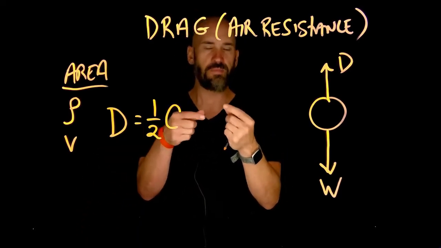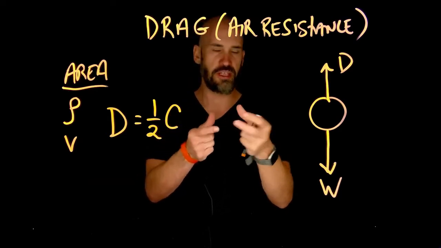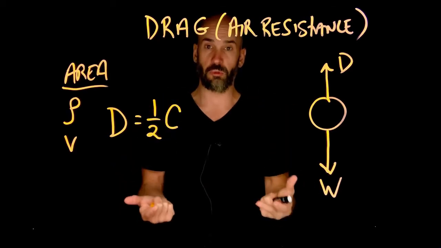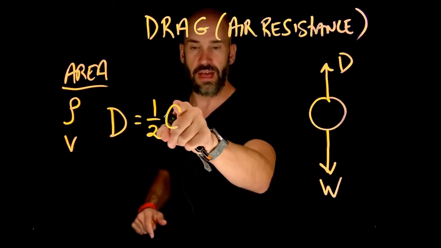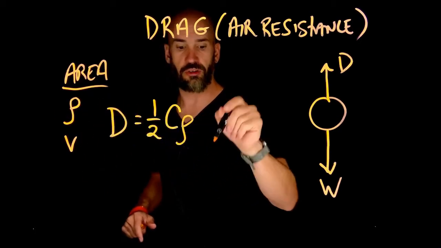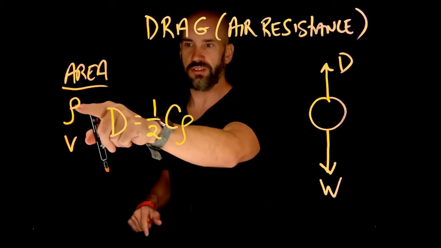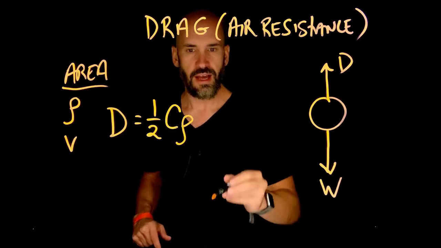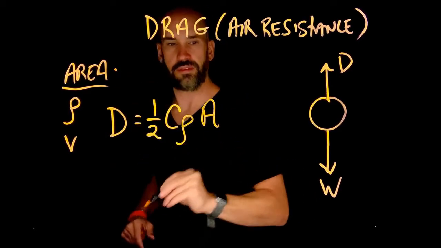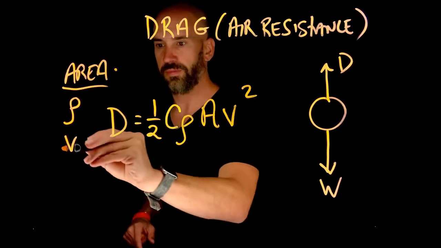the coefficient of drag depends on the relationship between this object and what it's immersed in. So you have C, and then you have rho, the density of the material that you're moving through. Like I mentioned, this is the Greek symbol rho, it means density, times the cross-sectional area times velocity squared.